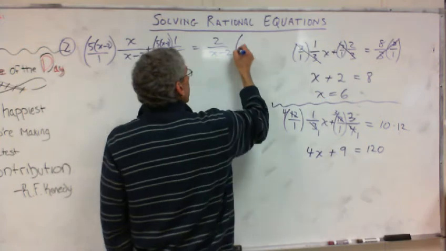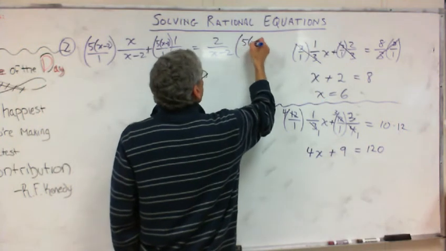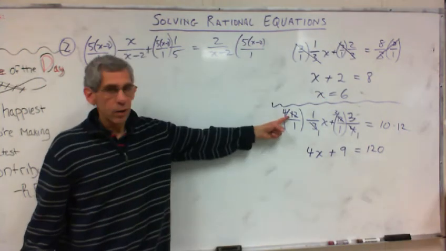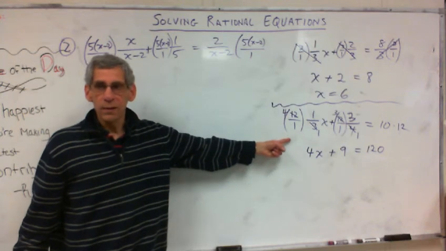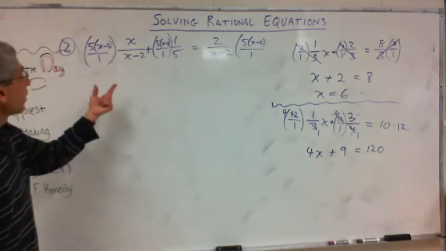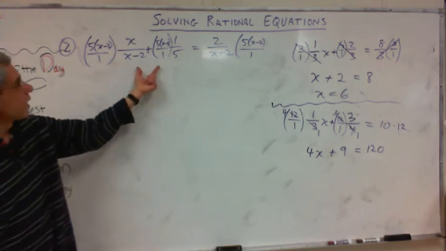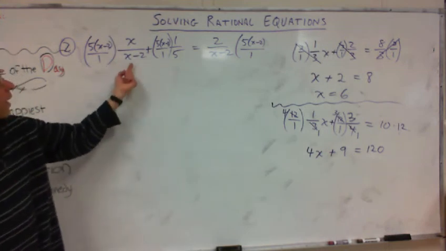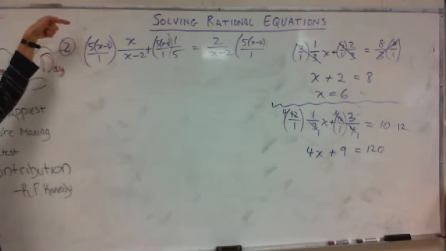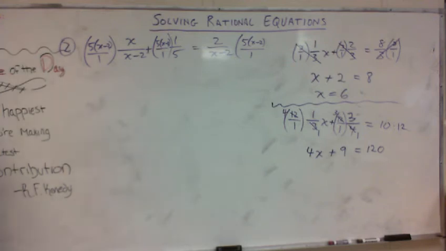And then I'm multiplying this by 5 times x minus 2, all over 1, just like I multiplied this by 12 over 1. I decided that my lowest common denominator was 5 times x minus 2, so I'm multiplying everything by it. Has everybody written that down? Because I want you to see the next step.